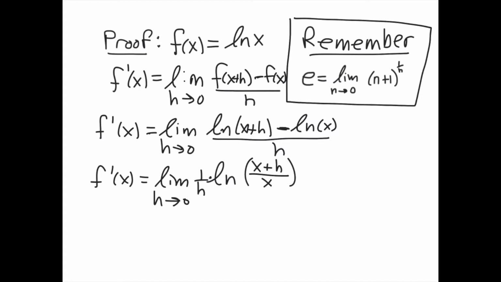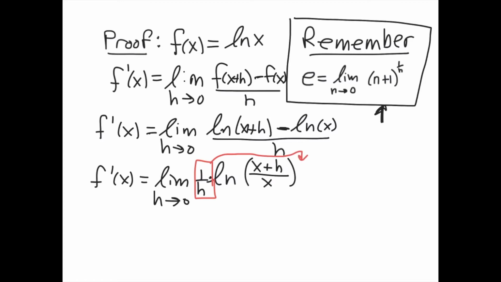Because in the next step, things are going to start to come together so that we can see why we have this definition of e over here in that remember box. So when I put the 1 over h out in the front there, hopefully it reminds you of another logarithm rule where we can take multiples that are out in the front of the logarithm and bring them up here as a power.